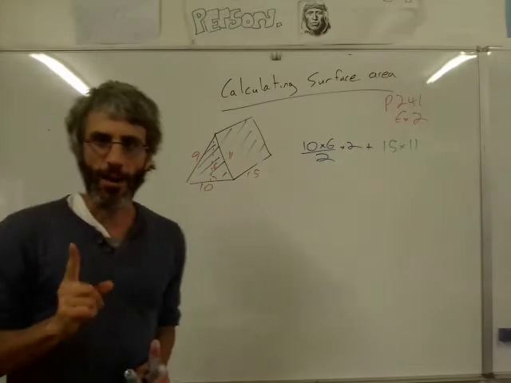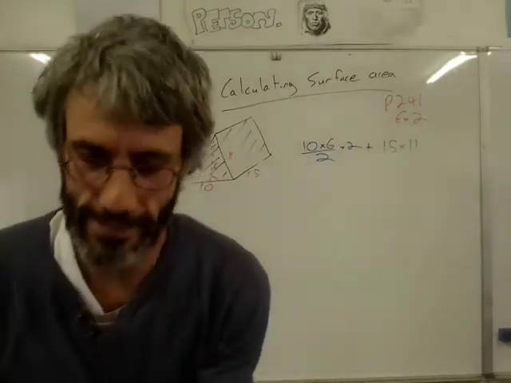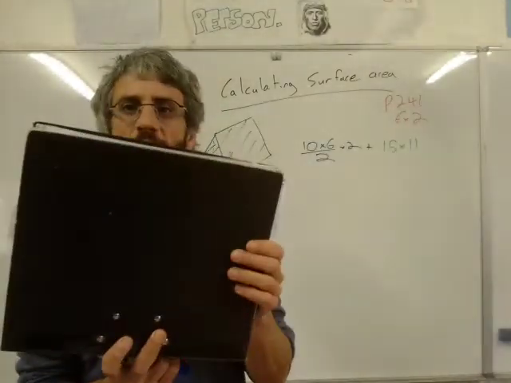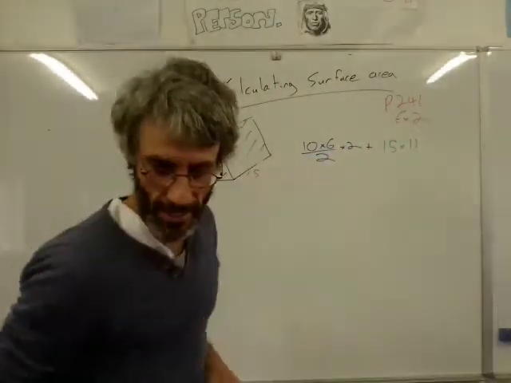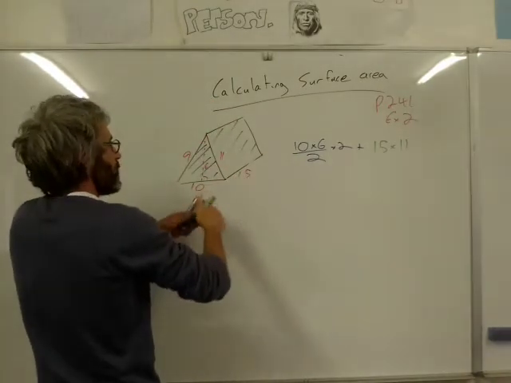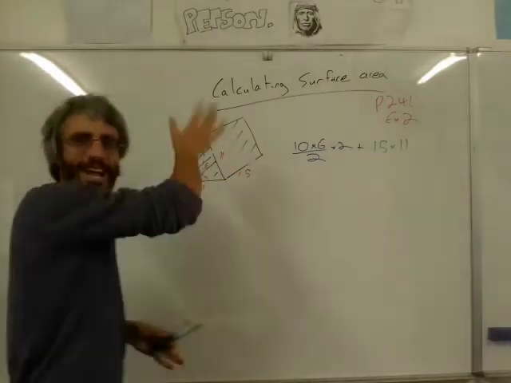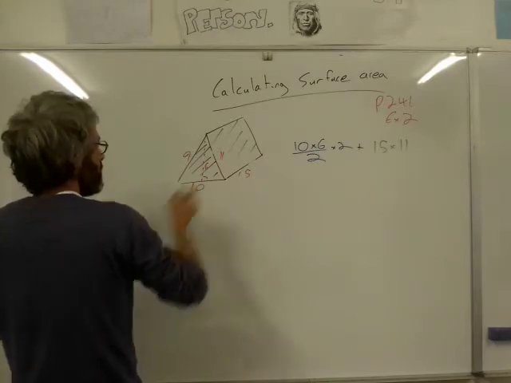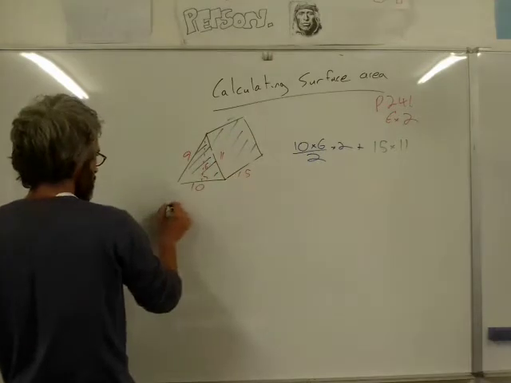Okay? Now, here is where it becomes a little bit tricky. You might think, as in this prism here, those 2 rectangles are the same. And then you might just be tempted to double that. But in this prism, if you look at it, they're not the same. Because the lengths of this rectangle are 11 and 15. But the lengths of the rectangle behind, okay, what will they be? Well, this length is 9 and this length is 15.